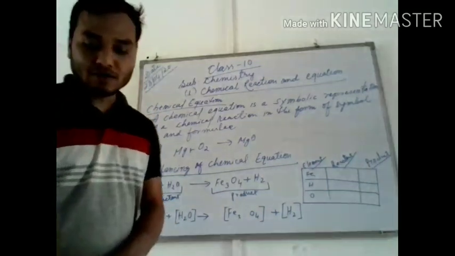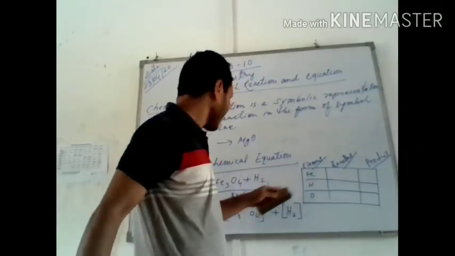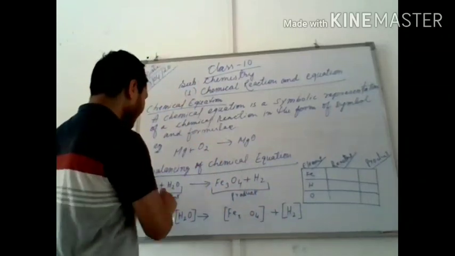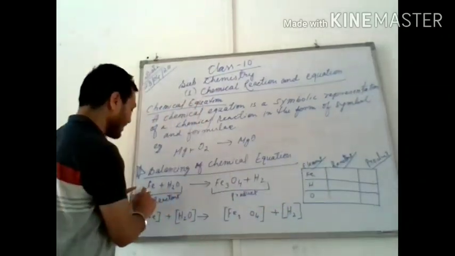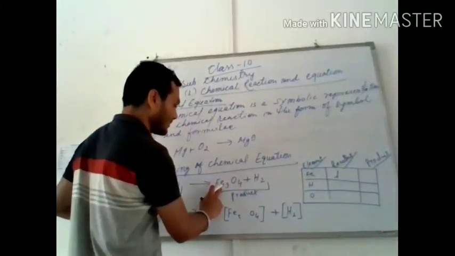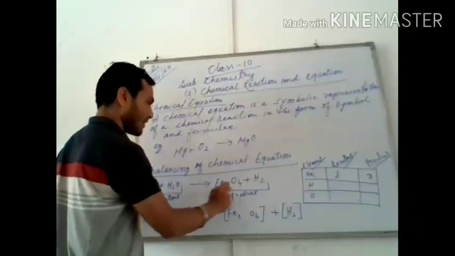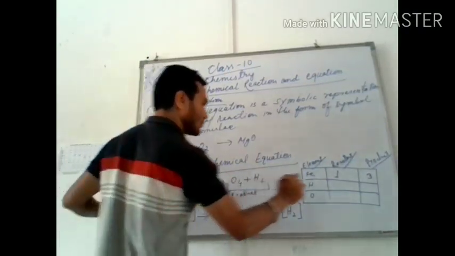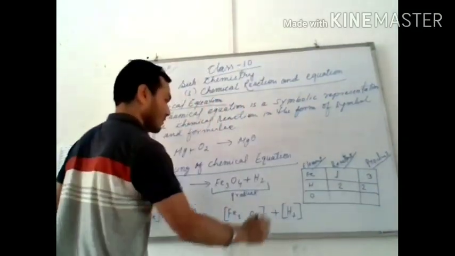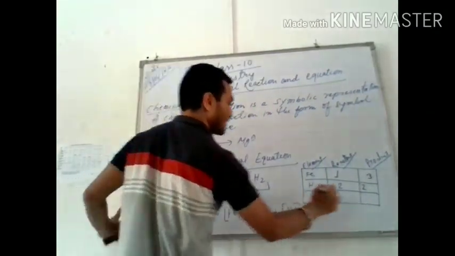Okay, so now how to do balancing? In this box we have to write the number of atoms. Here in the reactant, for iron there is nothing written, that means 1, and in the product there is 3, so we write 3. For H, here there is 2 and here also 2. For oxygen, here there is nothing, that means 1, and here there is 4.